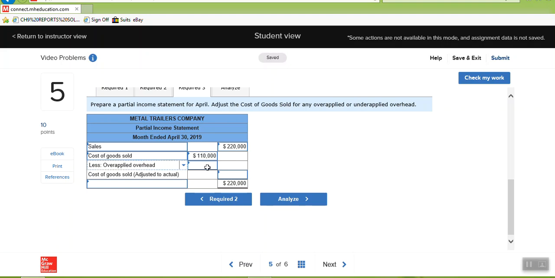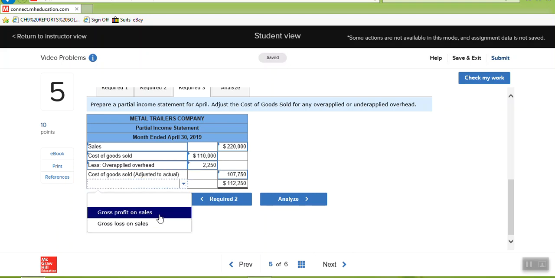So we're going to subtract out the over-applied because it really shouldn't be in there. We just overestimated. So our cost of goods adjusted to actual is just the difference between those two, which is $107,750. And it adjusted the bottom line for us, so that's our gross profit, since it's a positive.